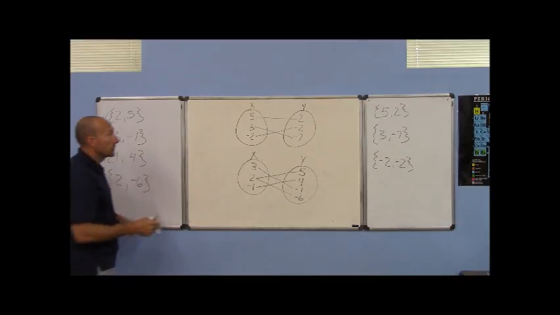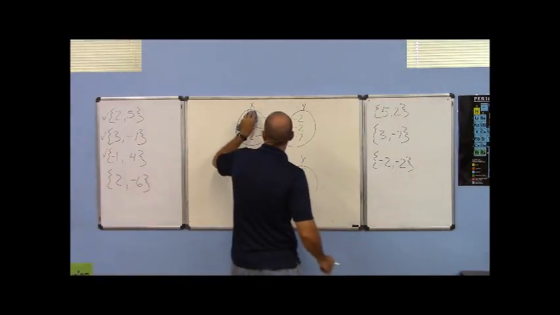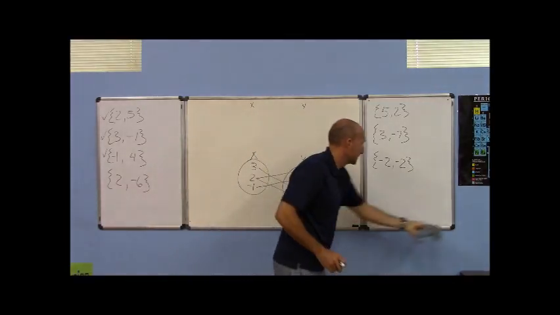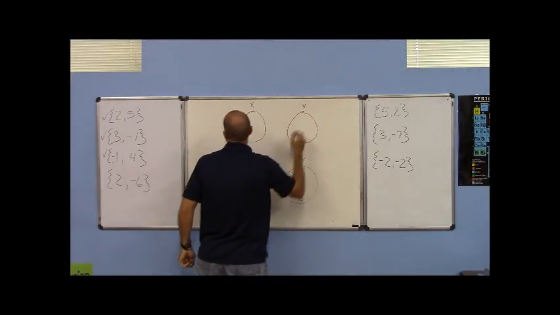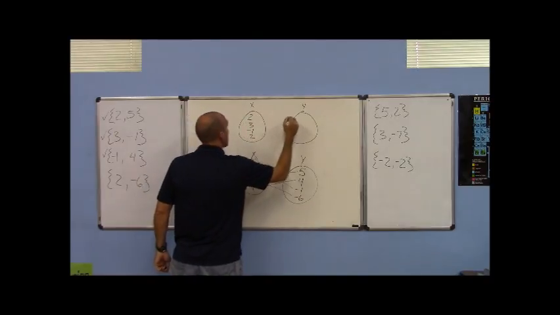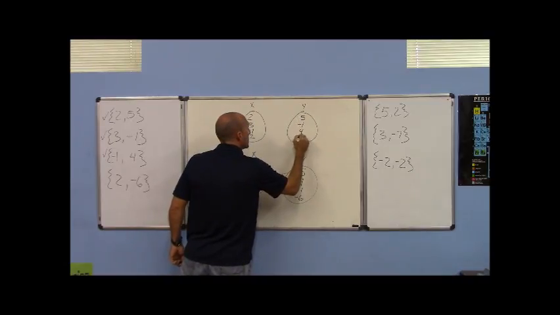Okay, yours may have looked like this. You may have had 2, 3, negative 1, and 2, and then 5, negative 1, 4, and negative 6.